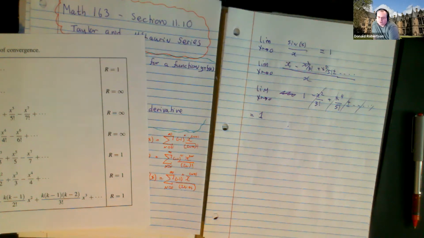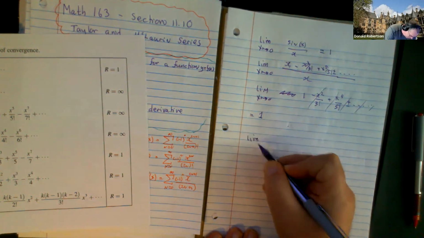So you could use power series to find limits. Now, the ones you've got are really quite nice ones, but can you imagine that the functions you got would be really horrible functions? I'm not going to do this one, but it would be fun, I guess, to try and do it.